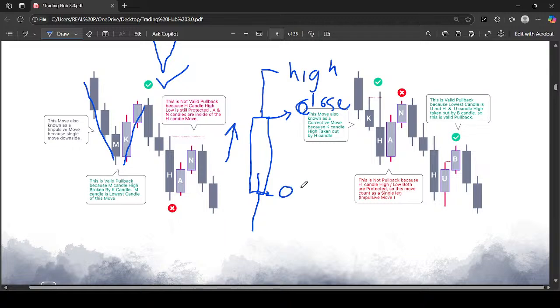This is the open of this candle, and here is the low. Sorry for my handwriting. So here happens to be the low of the candle, here the open, here the close, and this is the highest point the candle ever achieved.